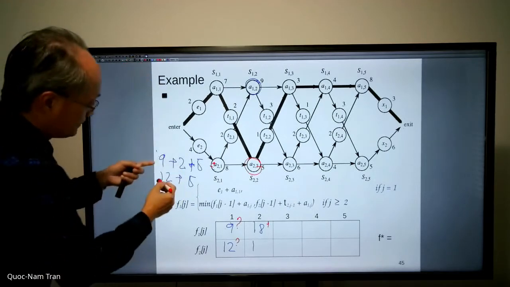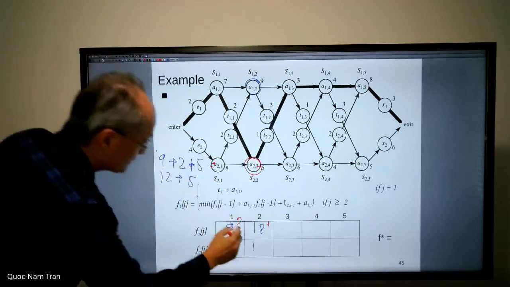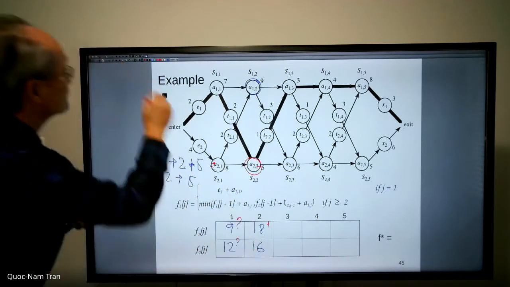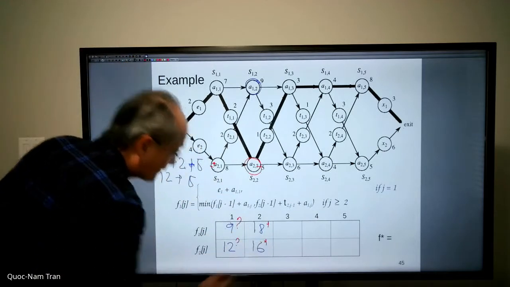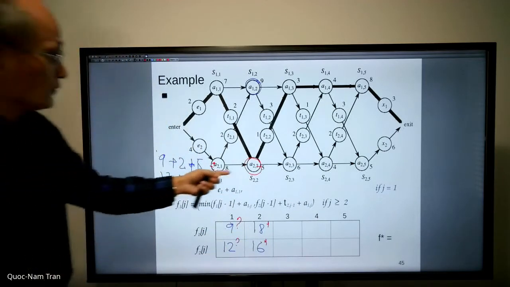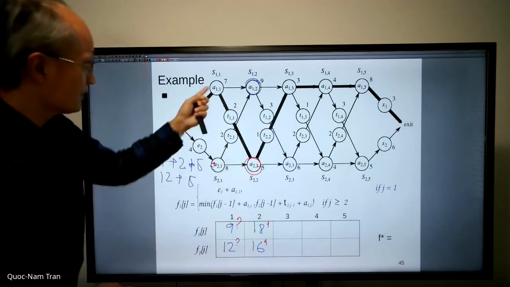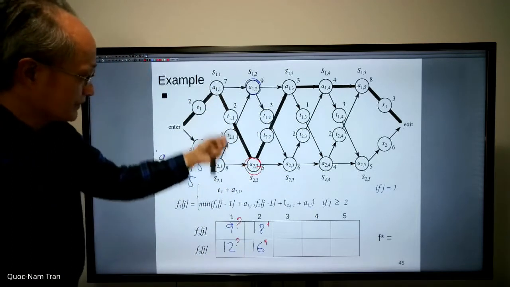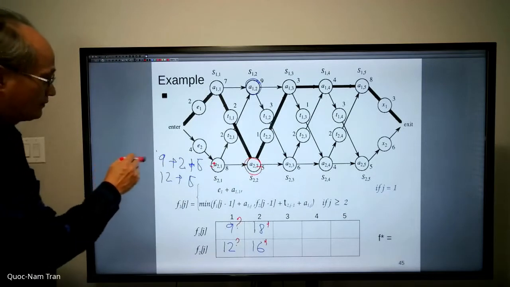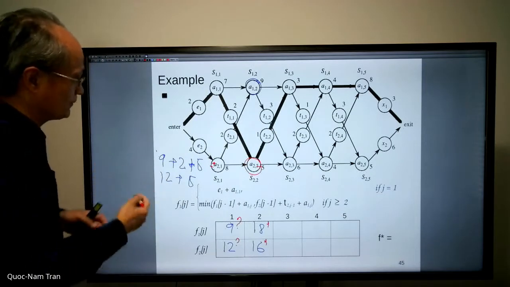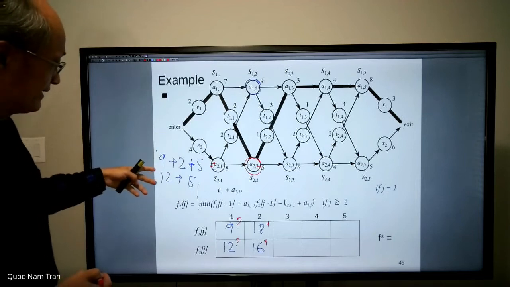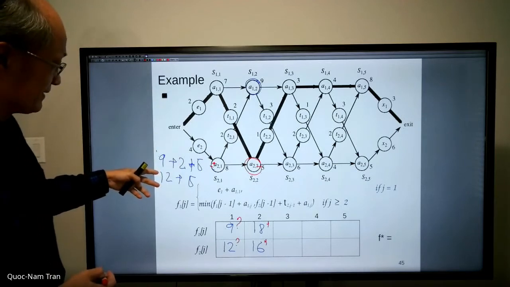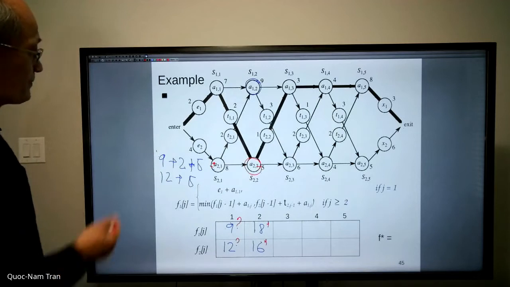So here we have 16, and that is line 1, coming from line 1. We need to record that, otherwise when we look at this we may think the other one is smaller. No, it's not.